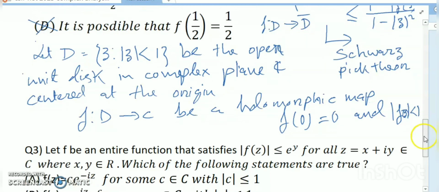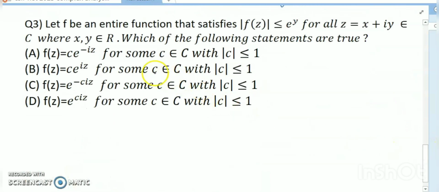Okay, next friends, let f be an entire function such that mod of fz is less than or equal to e to the power y. Suppose z equals cos theta plus i sin theta, I can write it the simple way.